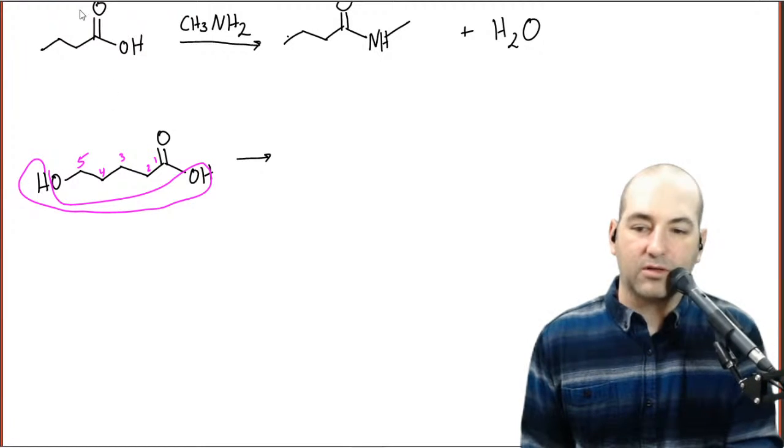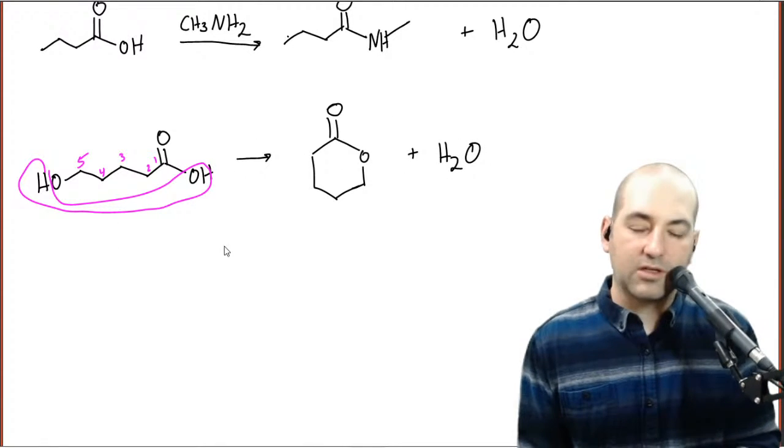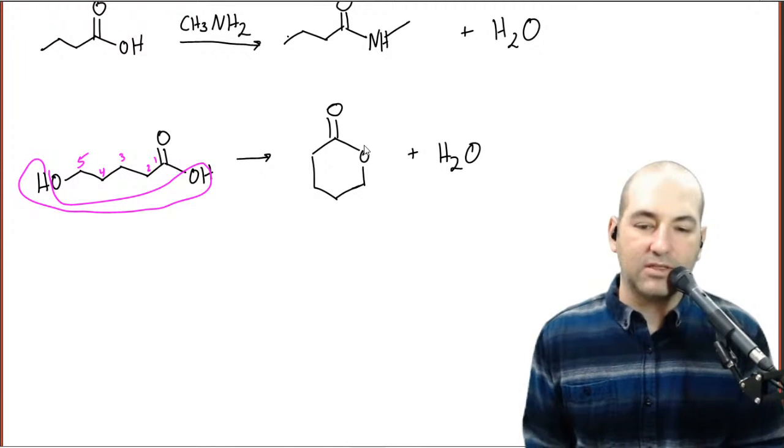So that product would look something like this. Still an ester. Everything's still happening the same way. The difference now is that it's happening within the same molecule instead of in separate molecules.